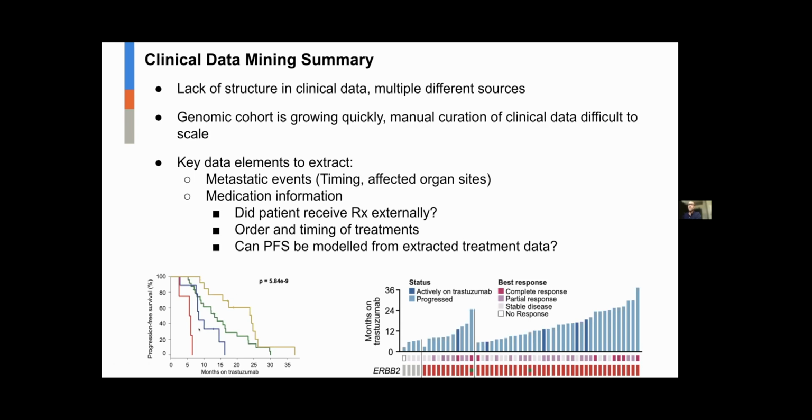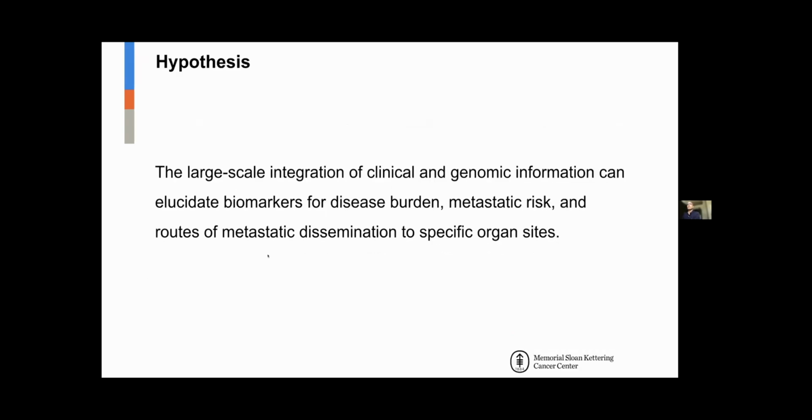With this information, you can start to look into progression-free survival, how a subset of patients fared given a different set of treatment. Okay, so the hypothesis really is that if we can do some large-scale integration of this clinical and genomic data, we can properly find biomarkers for disease burden and metastatic risk.